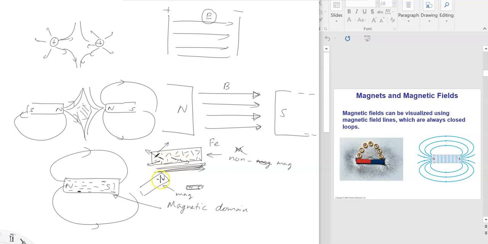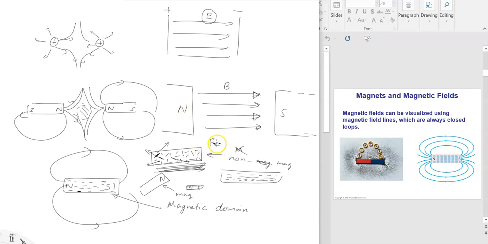What happens is the North Pole, or the magnetic field of the good magnet, will slowly align all these little domains in one direction. Now they all add up, and then you have a good strong magnetic field in one direction, right? So that way you can make a magnet out of a non-magnet.